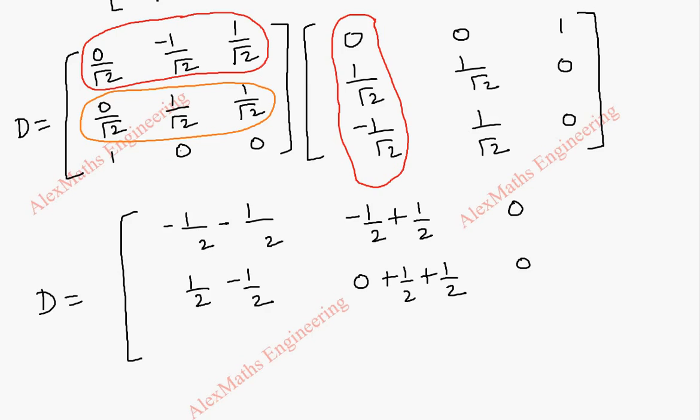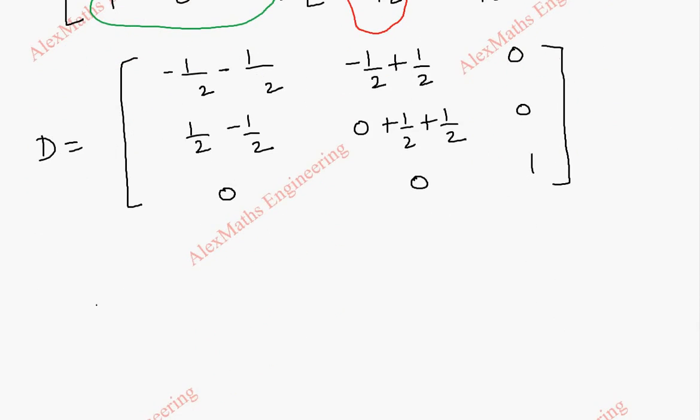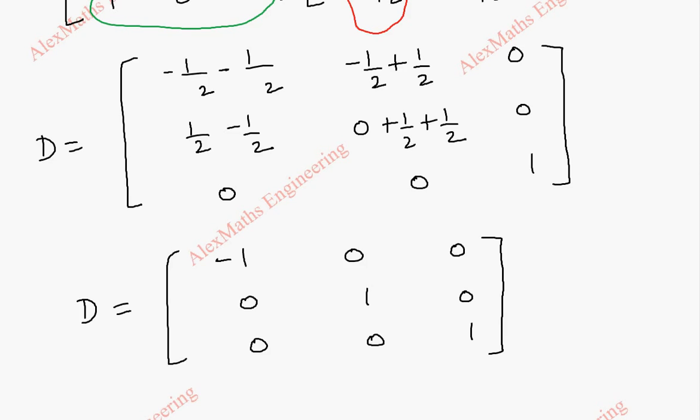Then we take the third row and multiply corresponding elements of each column. This will be 0, 0 and 1. Now simplifying further, we get D equal to: minus 1 by 2 minus 1 by 2 is minus 1, then 0, 0, 0, then half plus half is 1, then 0, 0, 0 and 1. So we got the diagonal matrix.